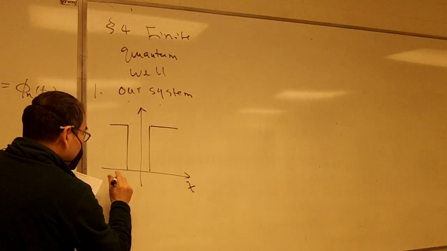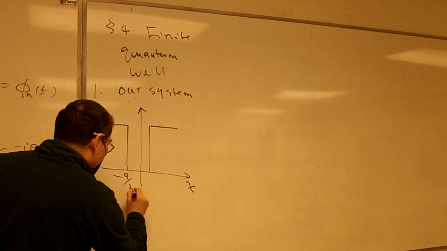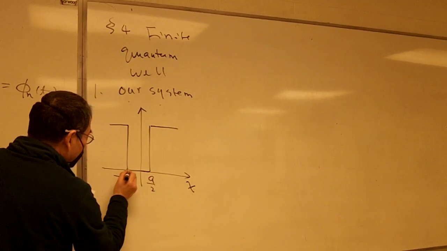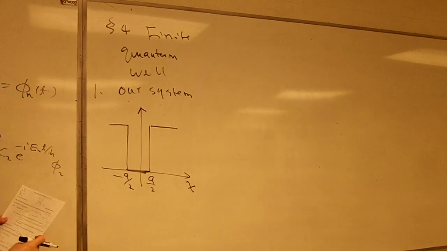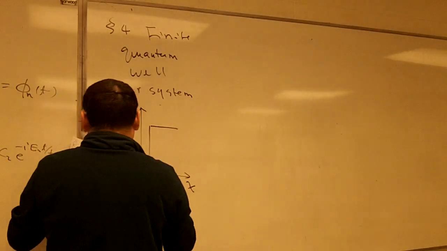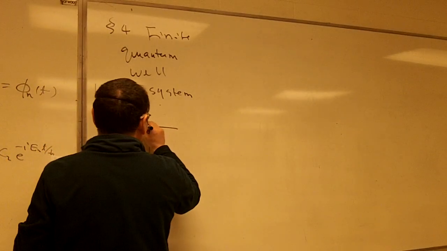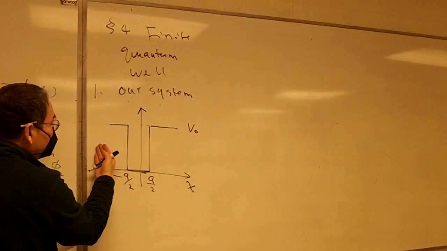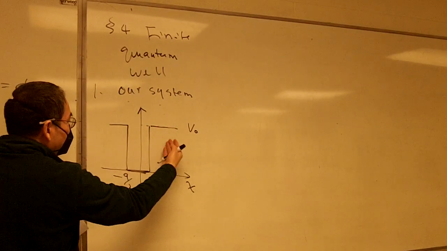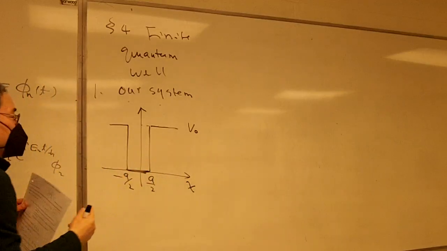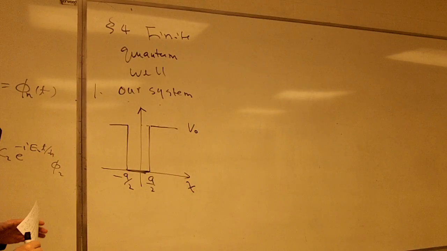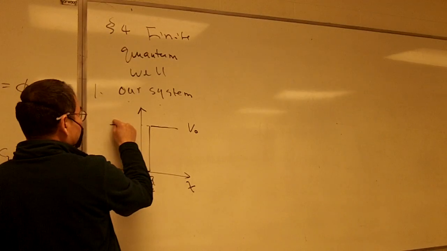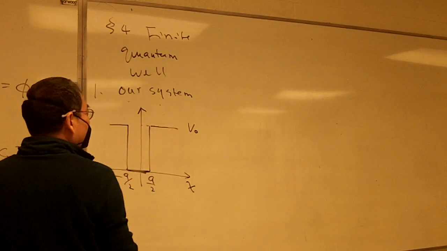Between negative a over 2 and positive a over 2, the potential inside the well equals 0. Beyond these two points, it has a constant value V0. So over here is V0, and over there is V0. Now the particle can survive in many different places, not only in the well, but also over there.